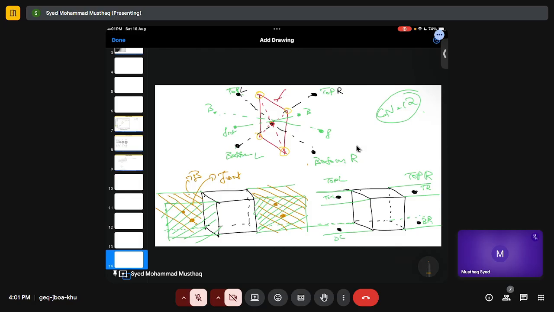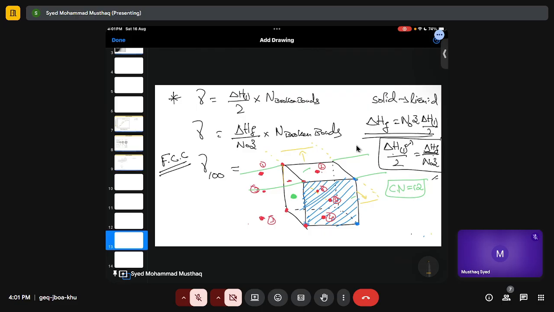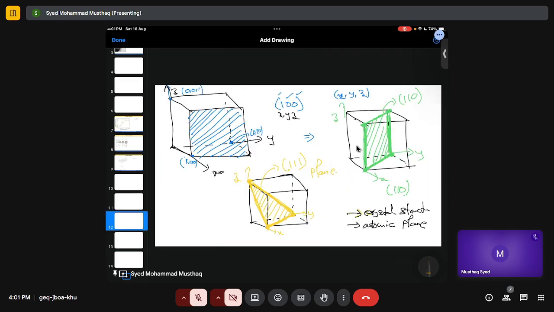So back left, back right, front right. I'm connecting these atoms so that you can understand. Okay, so 1, 2, 3, 4, 1, 2, 3, 4, 8, and this is my plane, the simple plane. And this simple plane at the corners has 4 atoms.